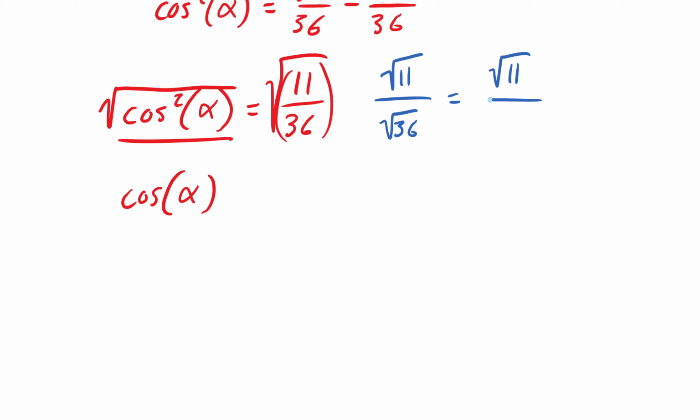So root 11, I don't know, but root 36, because we can't have square roots in the denominator. But this is pretty easy. Root of 36 is 6. So cosine of alpha equals root 11 over 6. Actually, plus or minus root 11 over 6. Boom. So we found a cosine.